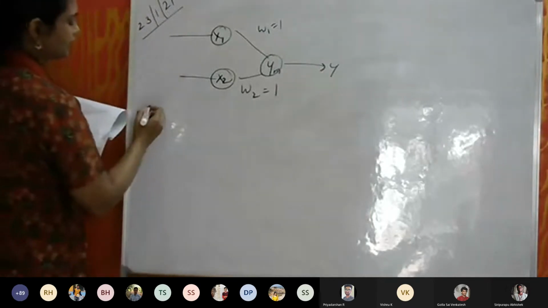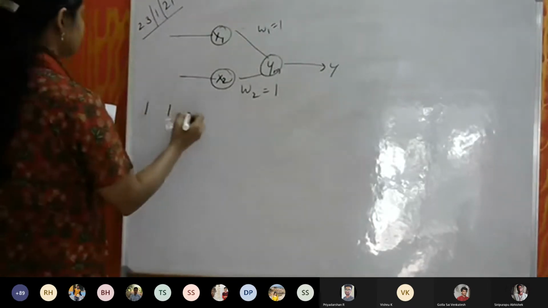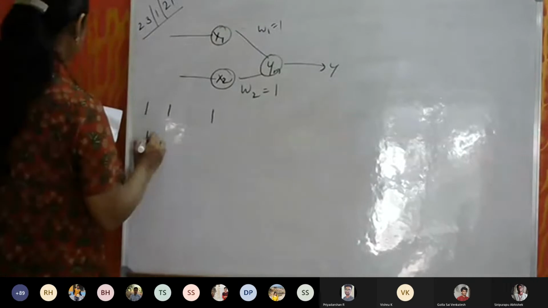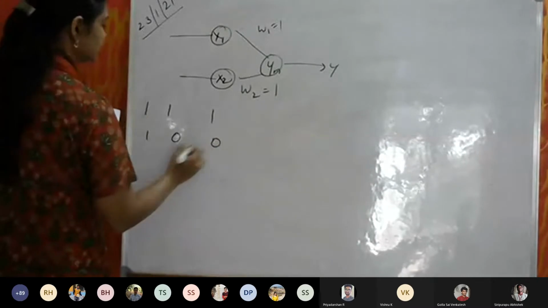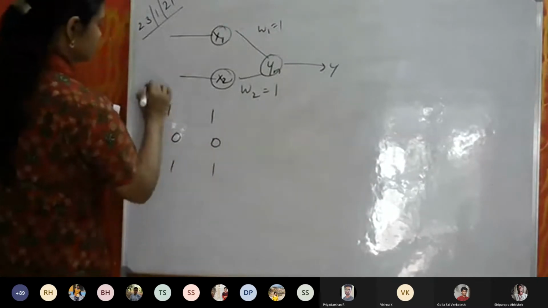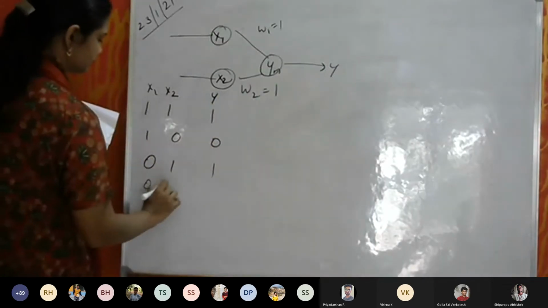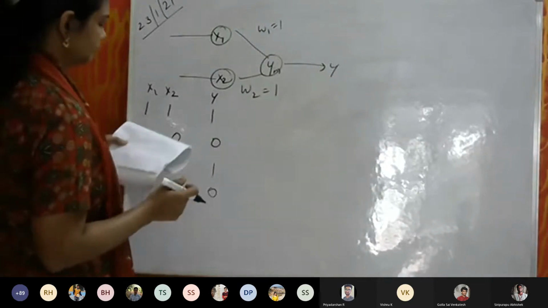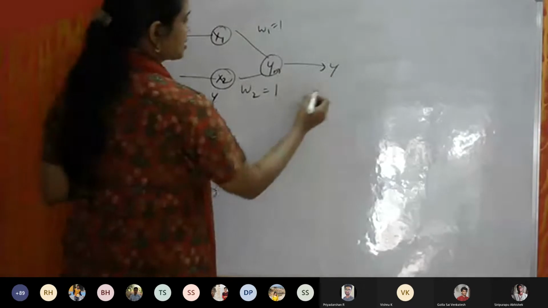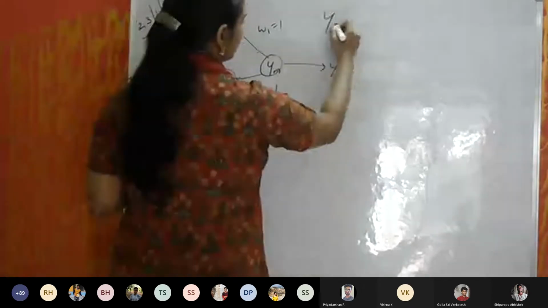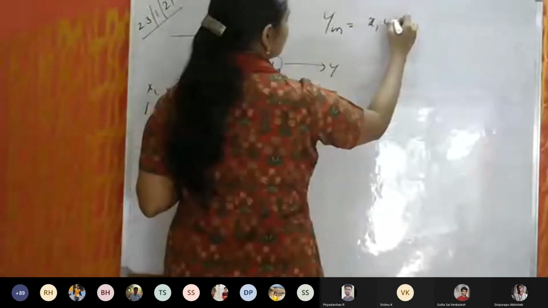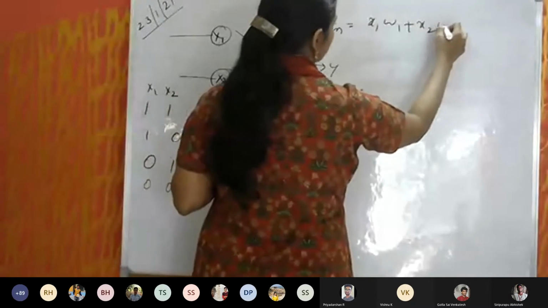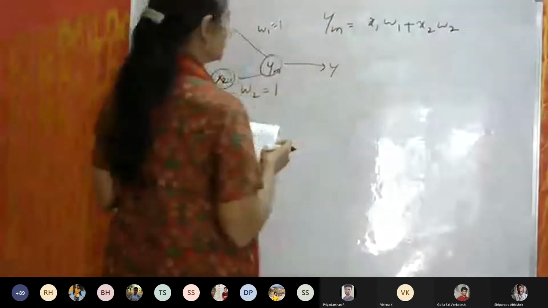For the AND network, we know that only when both the inputs are 1 will it give a 1. So our Y in will be X1 into W1 plus X2 into W2.